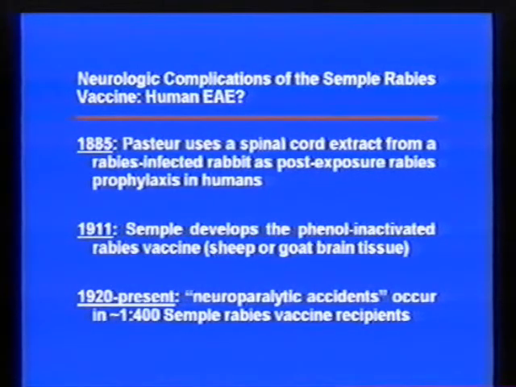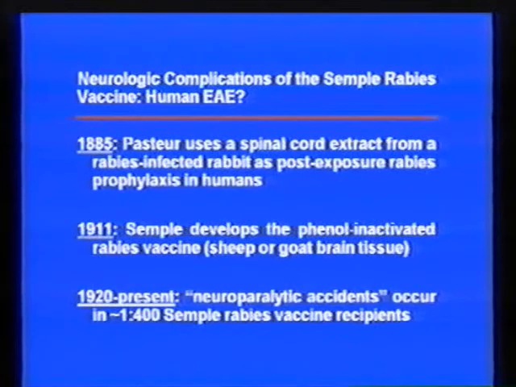One of the unfortunate complications here would be if you're injecting rabies material into a human, you might actually transmit rabies. So the advance was to actually use a drug, in this case phenol, to inactivate the virus, but still produce immunity in a host exposed to rabies.